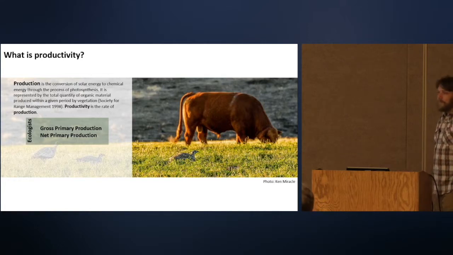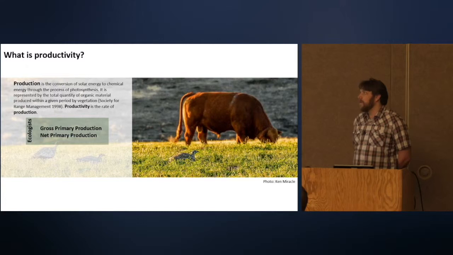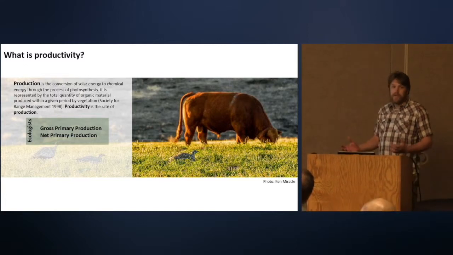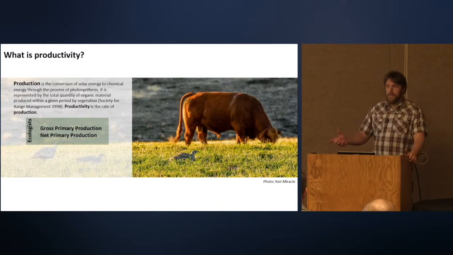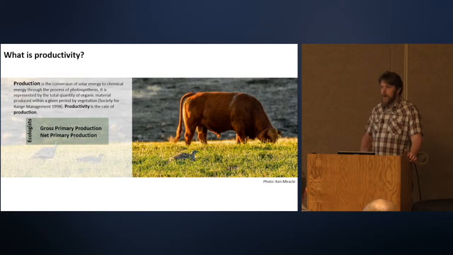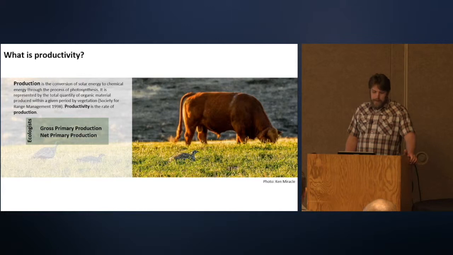In its broad sense, production is defined as the conversion of solar energy to chemical energy through the process of photosynthesis, and it's often represented as some sort of biomass or carbon quantity. Productivity is the rate of that production, or how quickly that production is happening over a given space and over a given time.